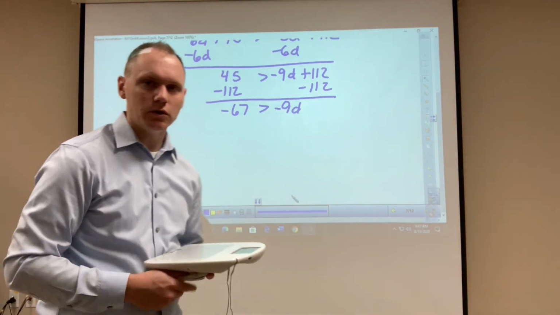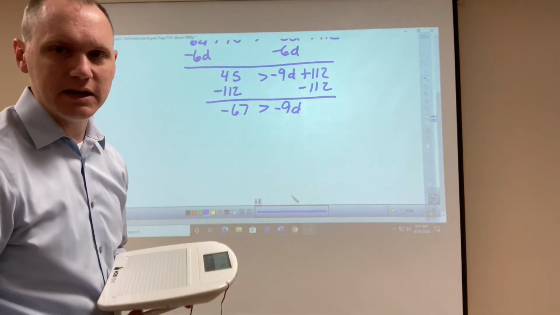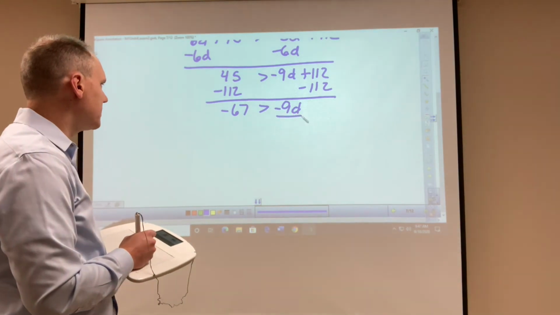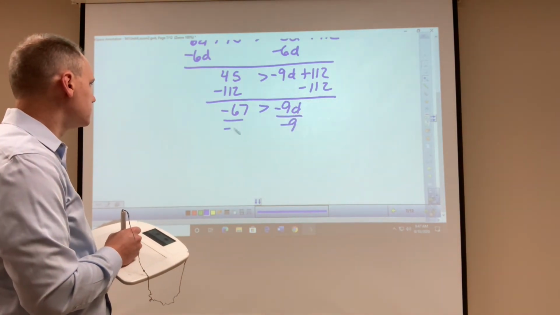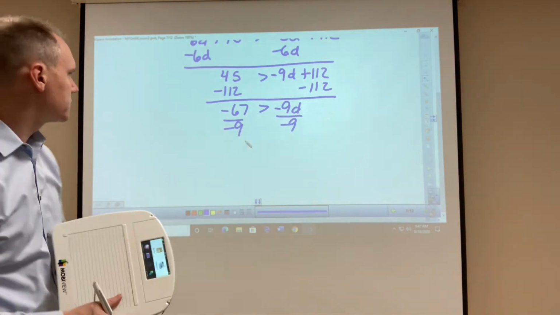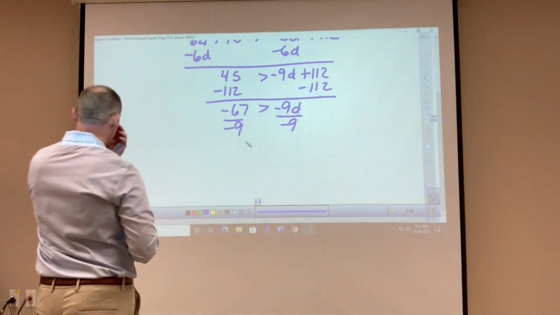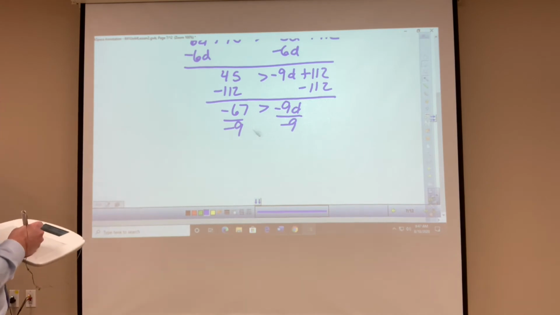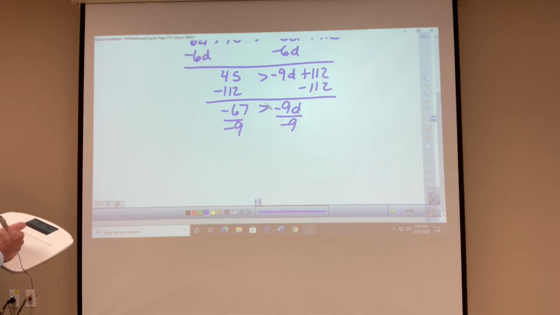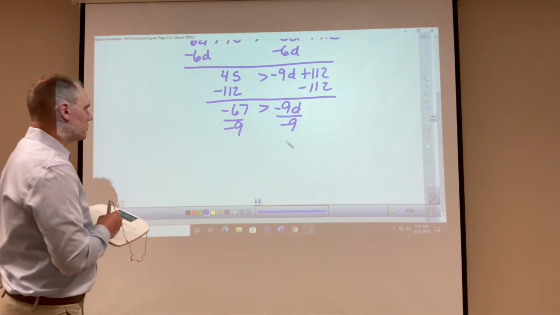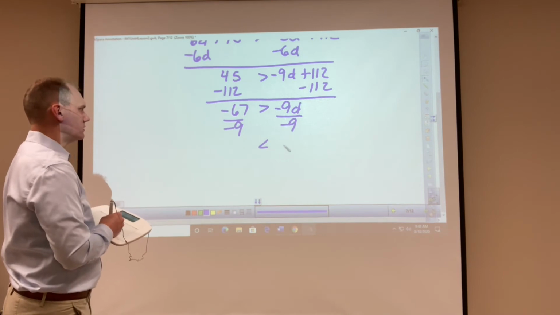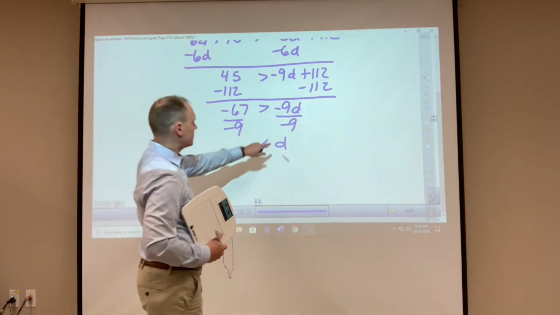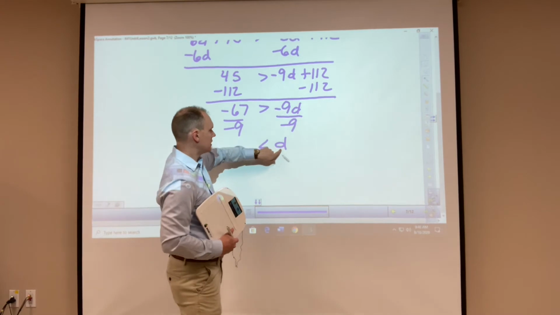Okay, so the next step here, we're going to get D by itself by dividing by negative 9. Now it's going to be approximately 7 point something over here. But the key here is when we divide by negative 9, it's going to actually change this relationship to being less than D. When we divide negative 9D by negative 9, we just get the D here.